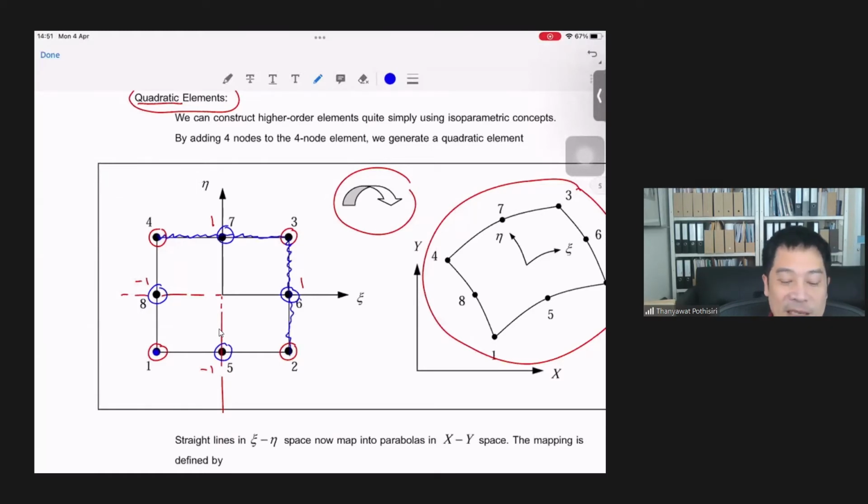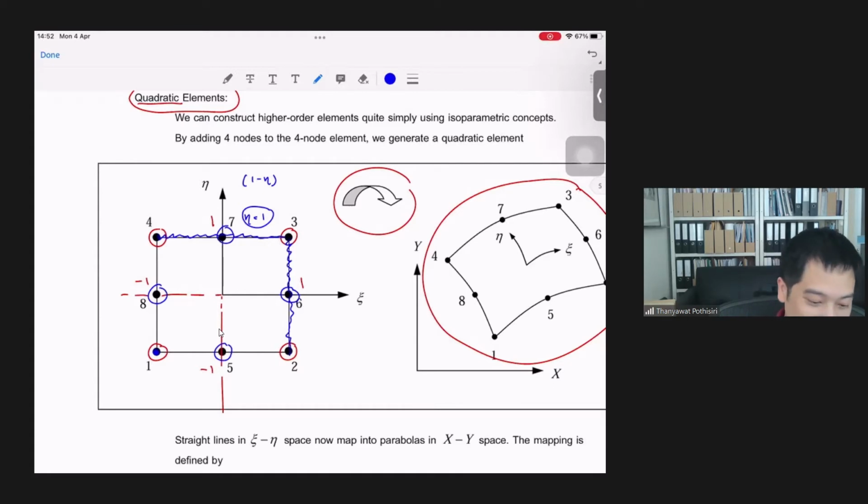How do you make it 0 along the entire edge 4, 7, and 3? Along this edge, eta equals 1, right? So to make N1 equal to 0 along this edge, you need this term right here, because if you plug in eta equals 1, this would give you 0.